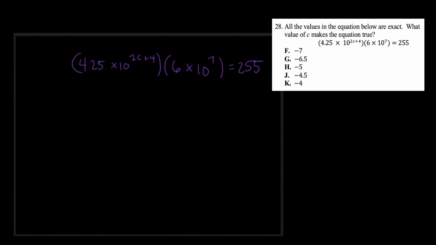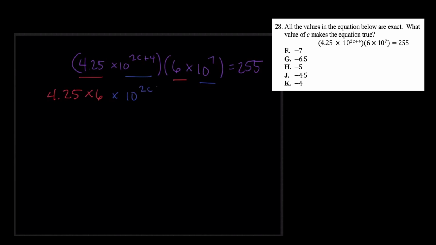So first I'd like to group the 4.25 and the 6, and then I'd like to group the 10s on the left-hand side. So I'm going to just write 4.25 times 6, and then I'm going to write the 10s.